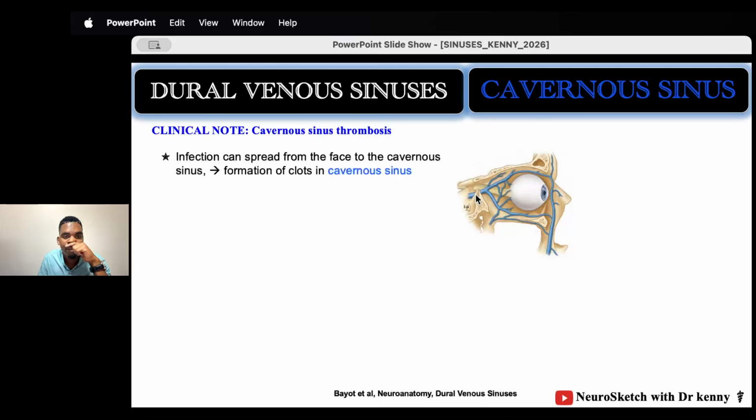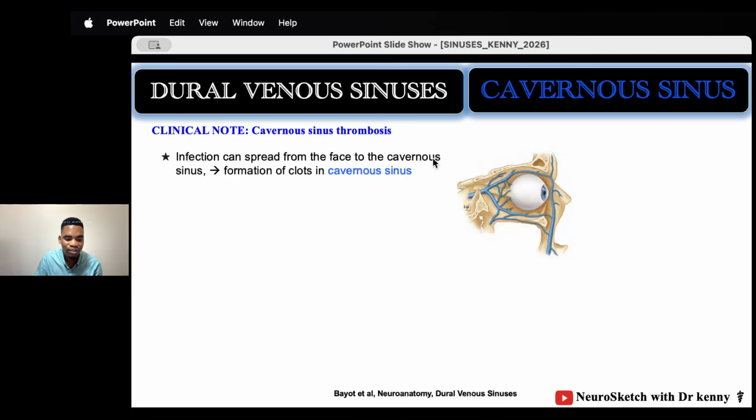One of the important reasons why we have clotting of blood within the cavernous sinus is infection from the face. And we have said infection from the face can spread to the cavernous sinus by way of these veins which are connecting with the veins of the face.